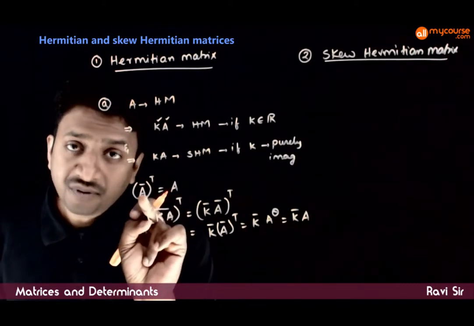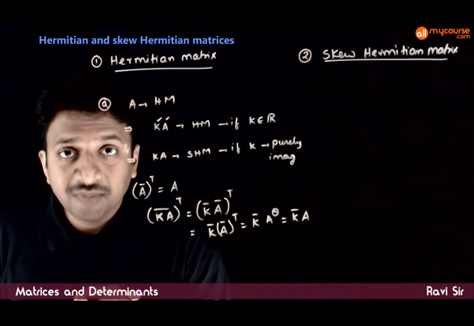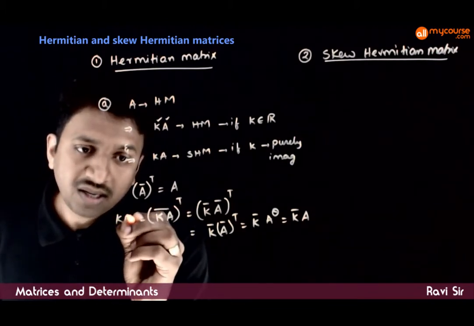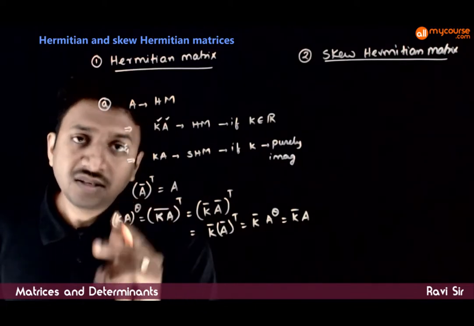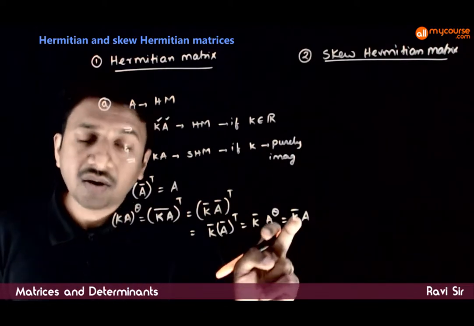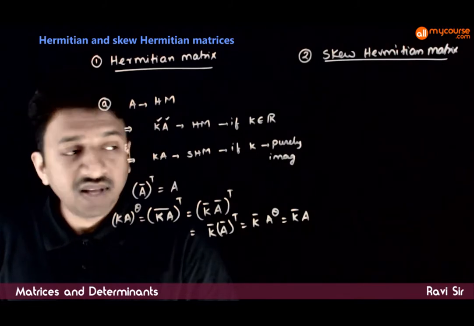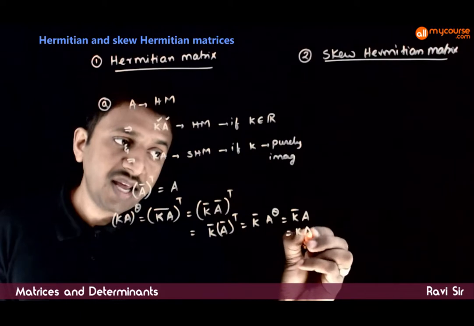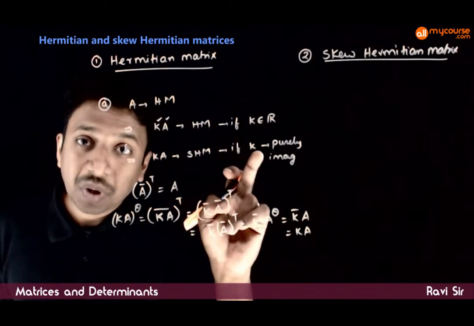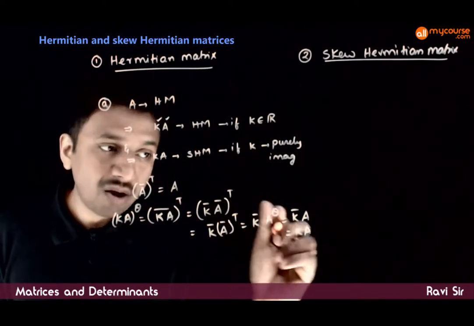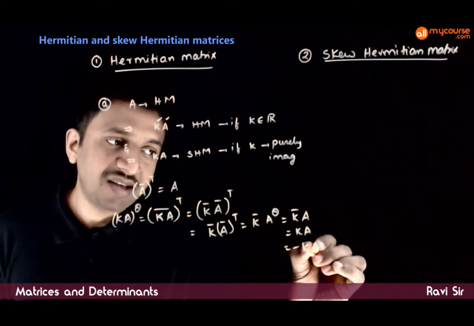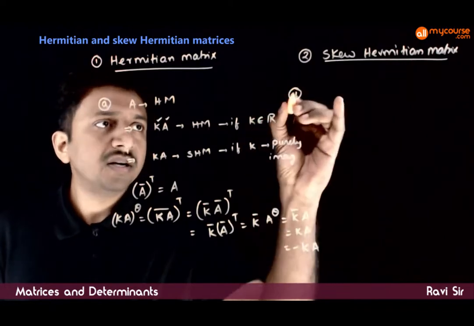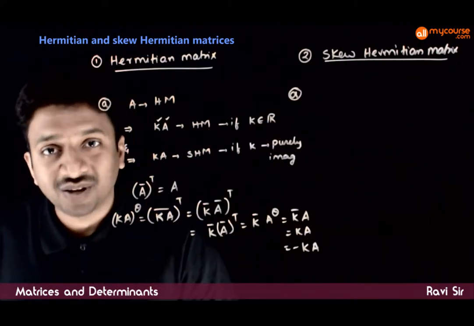So if A is a Hermitian matrix, then what can you say about KA whole theta? KA whole theta is K conjugate times A. And if K is a real number, then this is equal to KA. If K is a purely imaginary number, then K conjugate is minus K. A similar conclusion can be drawn for skew Hermitian matrix also.